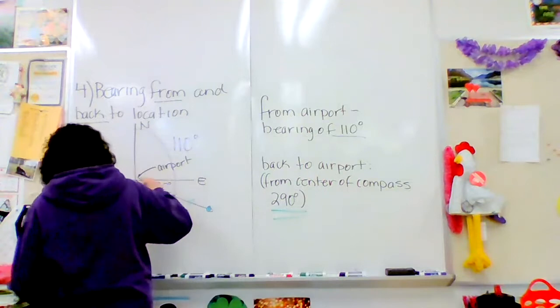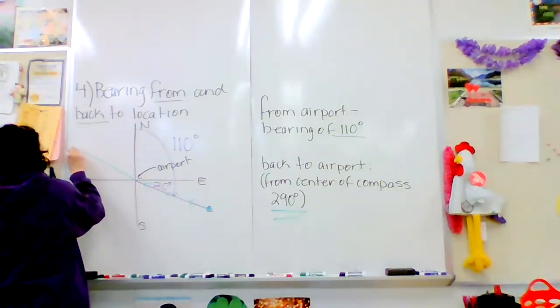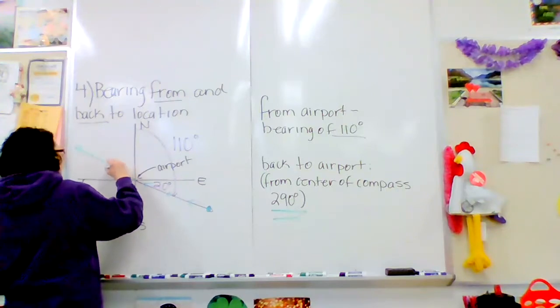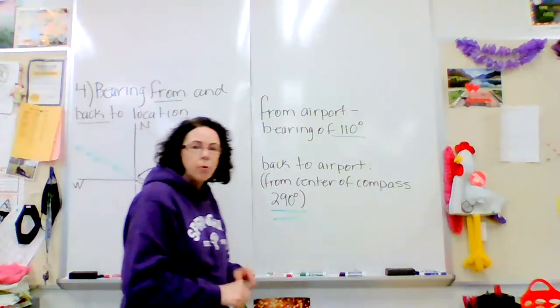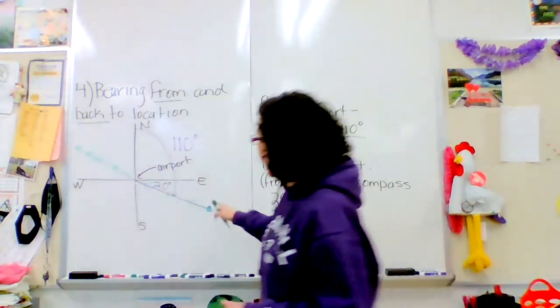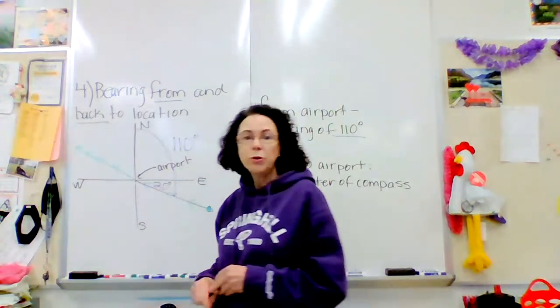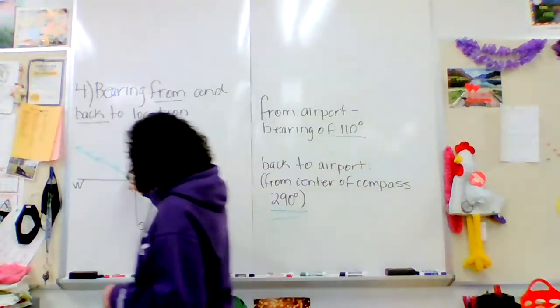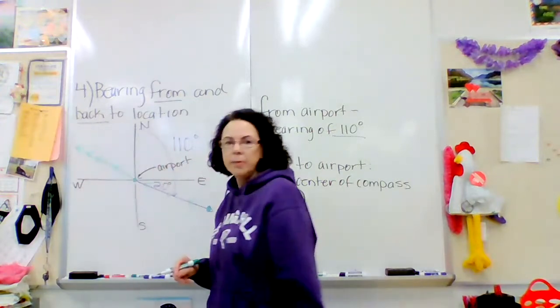What you have to do to get the actual bearing is to keep that flight pattern, keep that direction to the airport, and then make that bearing line coming through there. You can see this is the actual direction you're flying, but your bearing comes from the center of the compass.